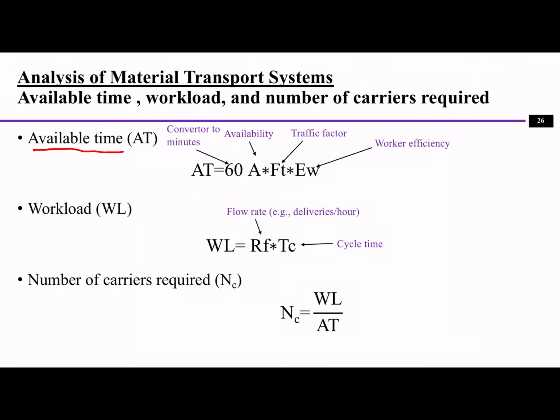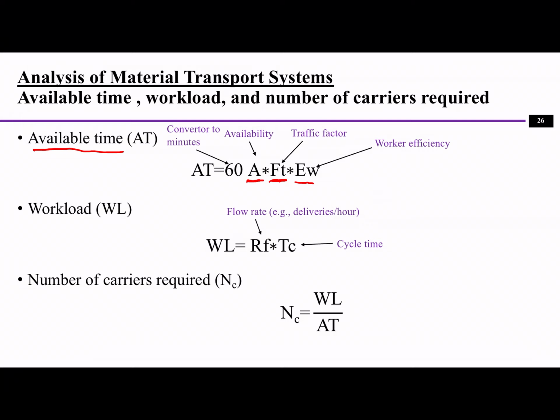There's also worker efficiency, for controlling it, and a little bit of waiting at the loading and unloading area. So that's also some efficiency we have to consider when talking about the availability of an AGV or equipment. There's an availability factor, a traffic factor, and also worker efficiency.